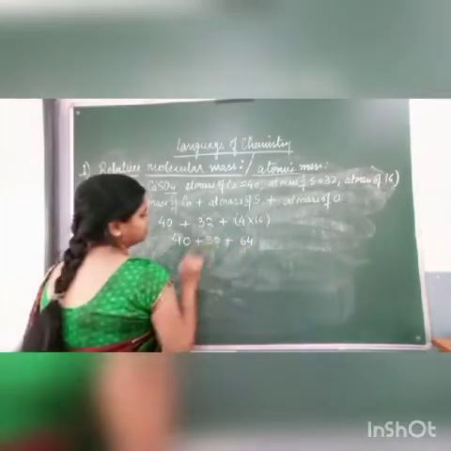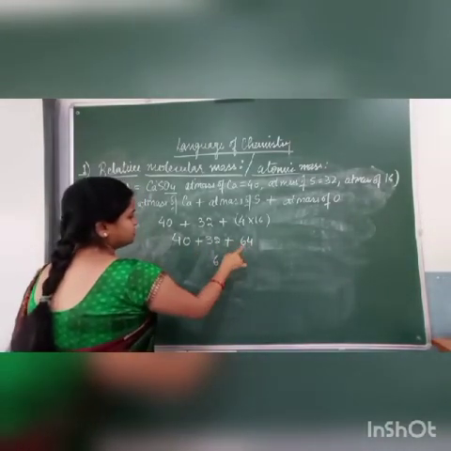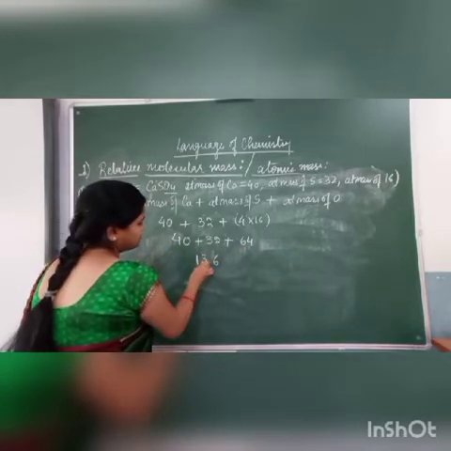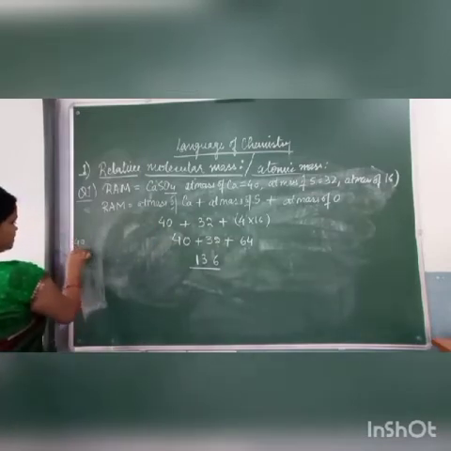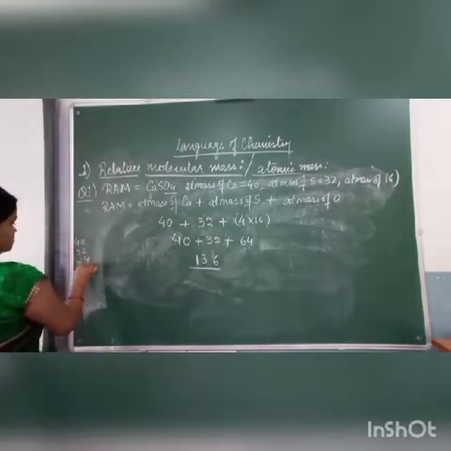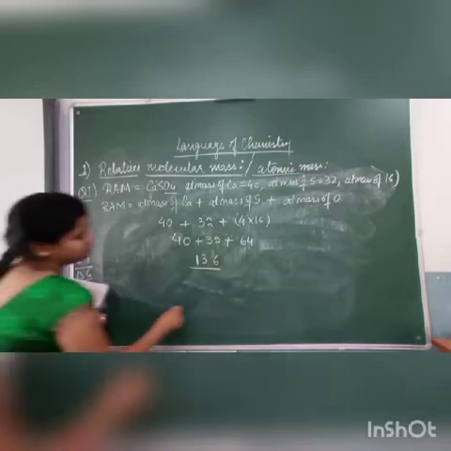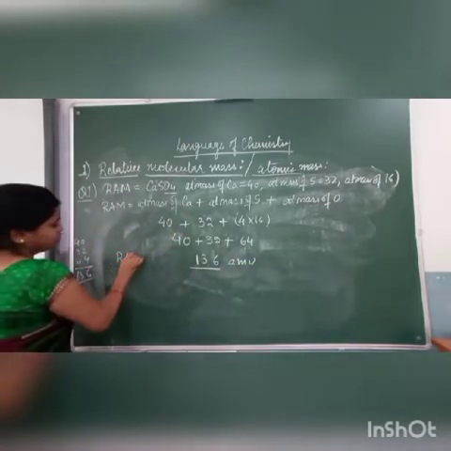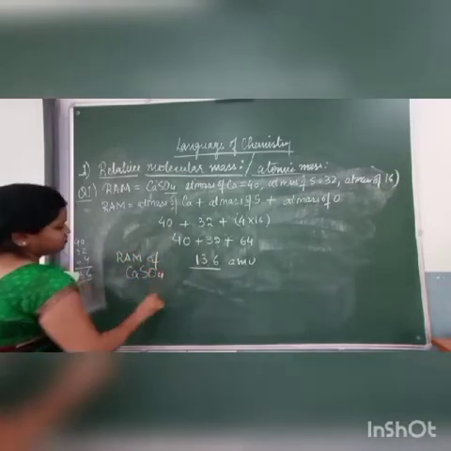Now we will add these all. 4 plus 2 is 6, then 6 plus 4 is 10, 10 plus 3 is 13. Means 136. 136 AMU is the relative atomic mass of calcium sulfate.